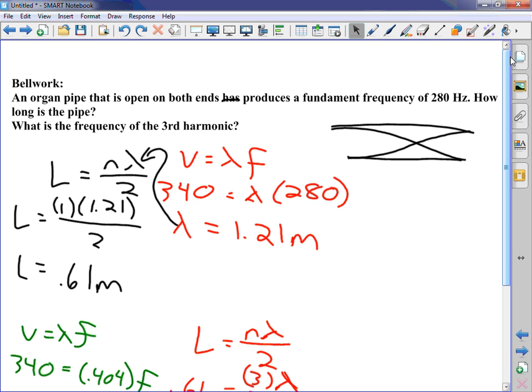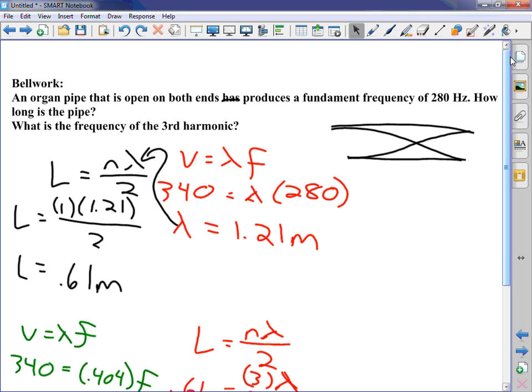What is the frequency of the third harmonic? I gave you the in-between step needed, find the length first. You are not promised that. In fact, you're promised right now the opposite. I'm almost promising you that I will not give you the in-between step on the test, nor will the IB exam.